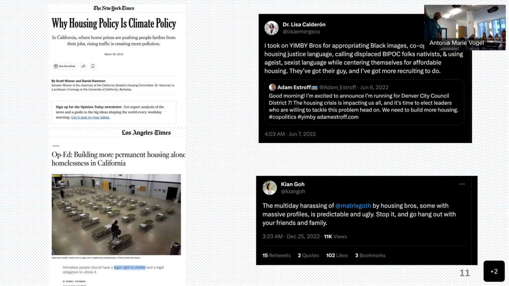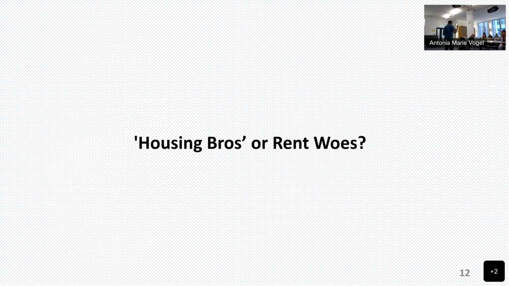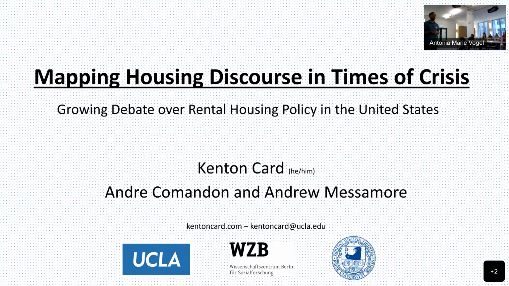This is a female politician, this is a female scholar, of the kind of pro-supply debates, that they are overly problematic or simplistic. But again, these are kind of debates in the whole field, calling them YIMBY bros, housing bros. So the kind of initial title for this was, is there more discourse around pro-supply policy across the country, housing bros, so to speak, this pejorative term, or on the rent woes of tenants?